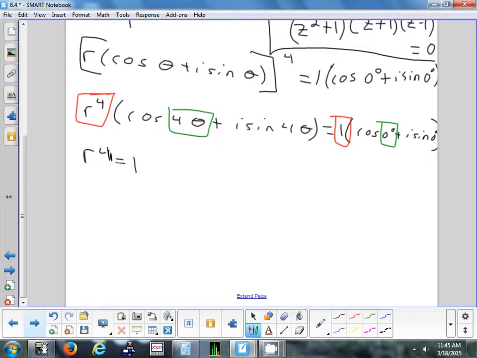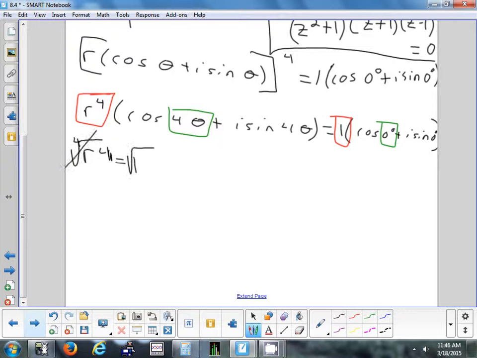Okay, how would I solve that? How would I get rid of that 4th power on r? Yeah, you take the 4th root.